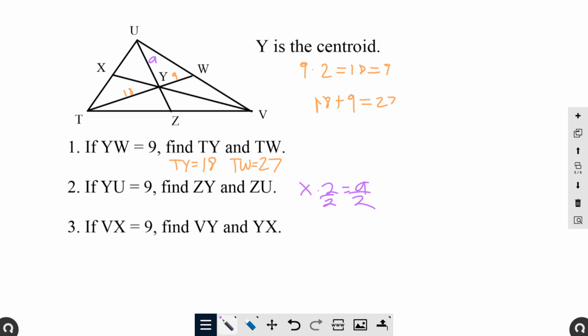So 9 divided by 2 is 4.5, which would be CY. Add those two together and you get the total, 13.5, for the whole CU.